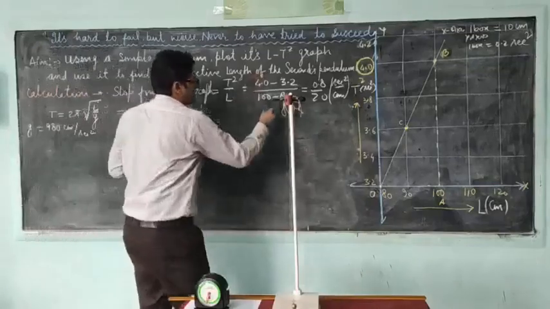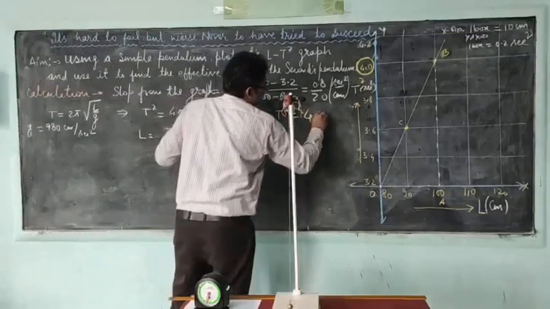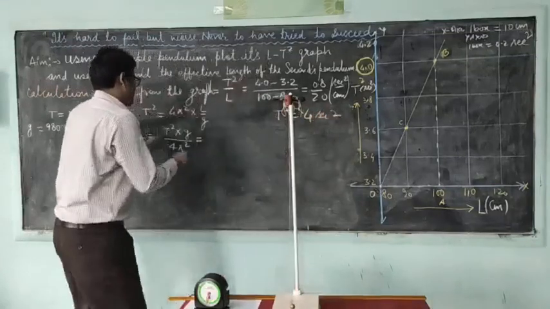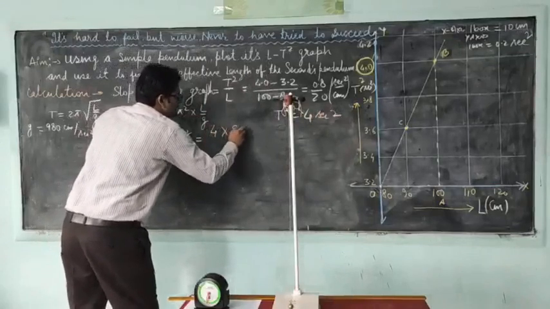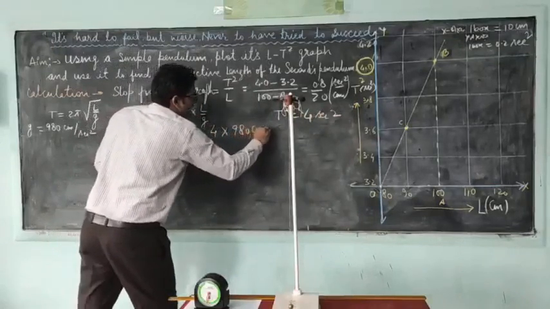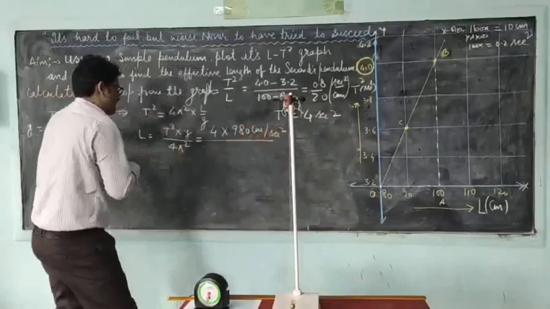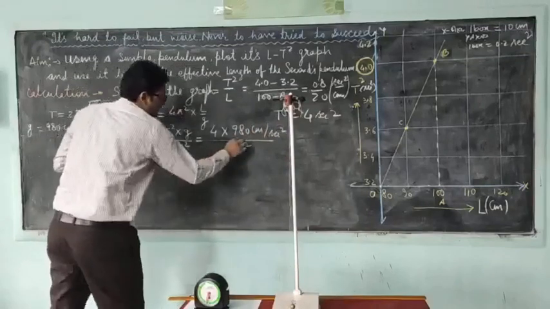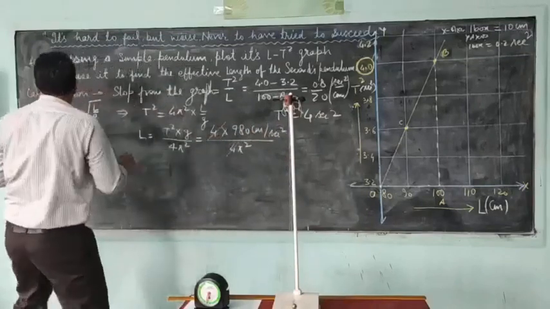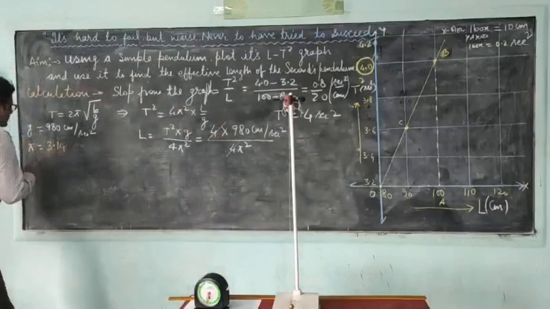Now we have taken the value T square equal to 4 second square. In place of T square we will put the value 4 into g equal to 980 centimeter per second square divided by 4 pi square. 4 and 4 cancel out. We will put the value pi is equal to 3.14.